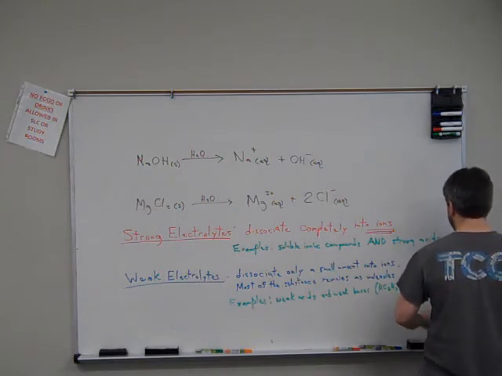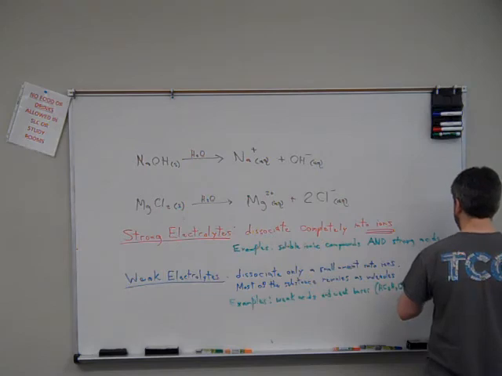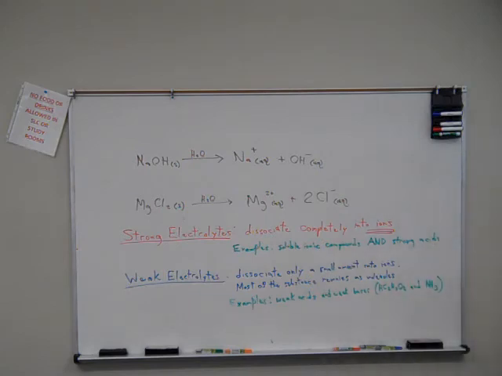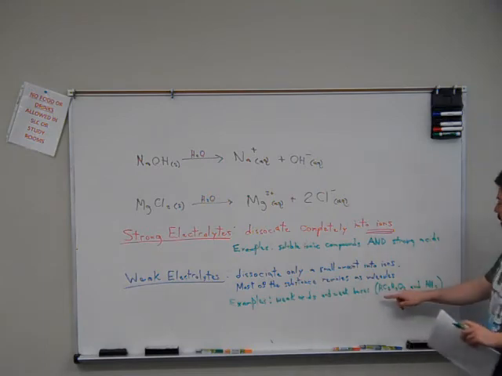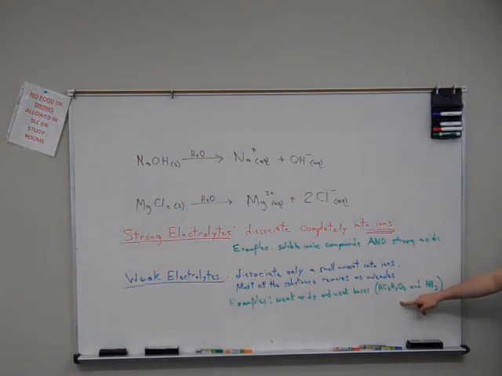NH3 is a weak base, a nitrogenous base. The nitrogen-hydrogen compounds are weak bases, and any acid that's not one of the 7 strong acids I listed is going to be a weak acid. You can typically tell weak acids because they usually have an H in front of them.